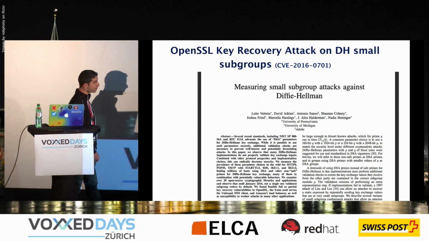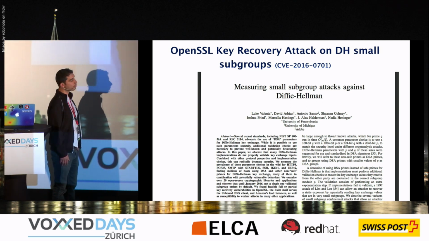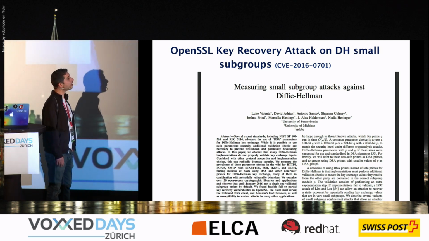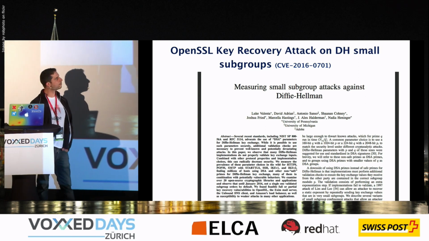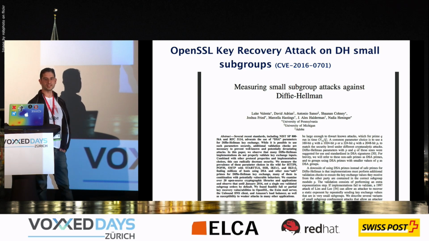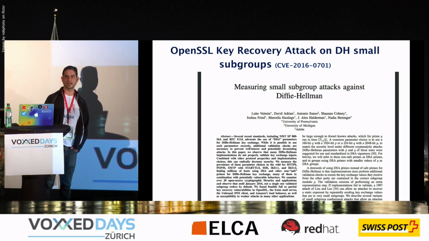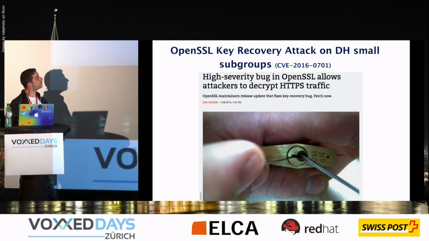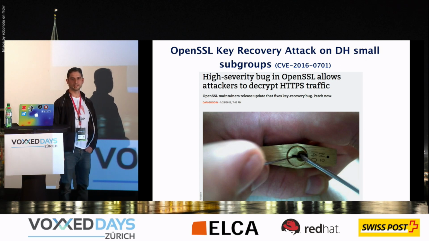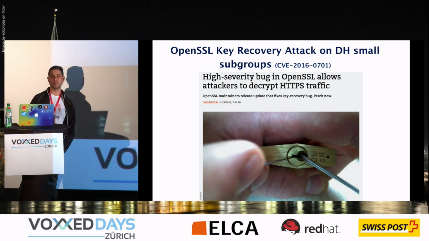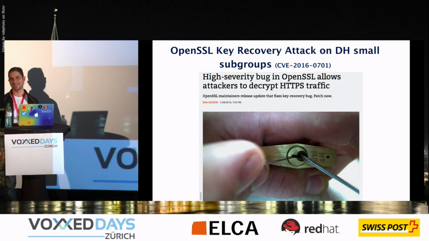I was lucky enough to work with this researcher, and our paper was accepted to a research conference, a crypto conference in the United States. So we're going to show this work as well. But yes, OpenSSL fixed it, and there are CVE numbers. It was a high vulnerability last year in OpenSSL, 2016. I hope people fix it by now, but you never know.